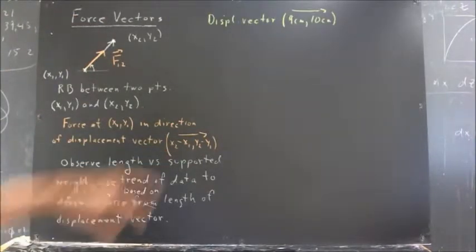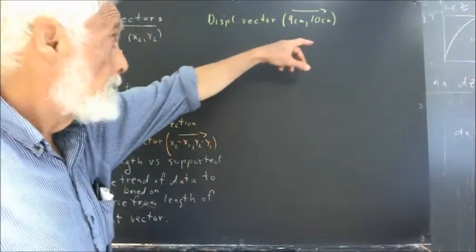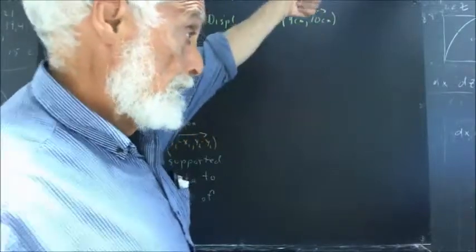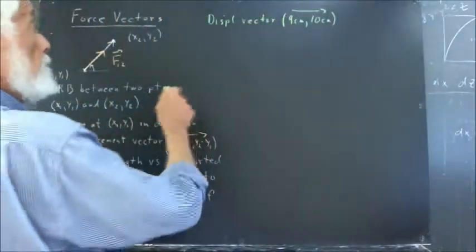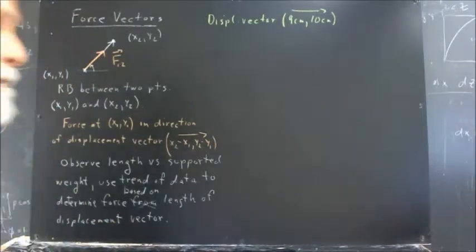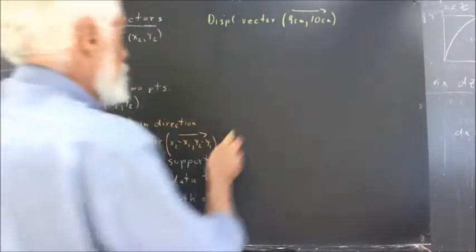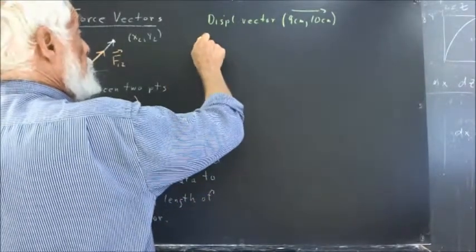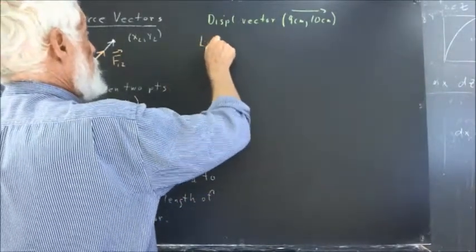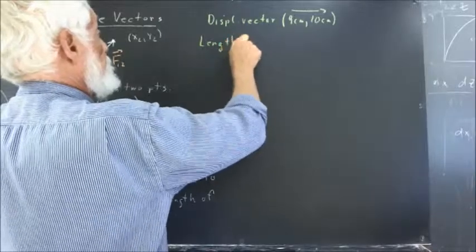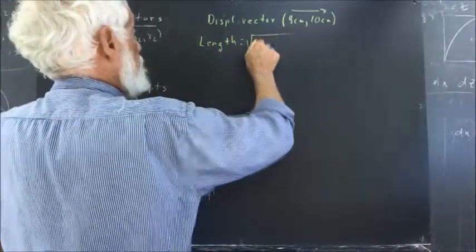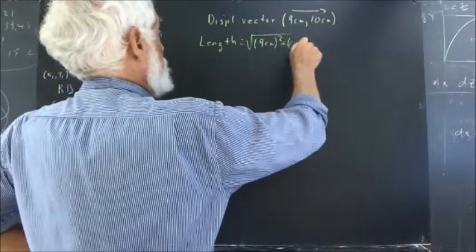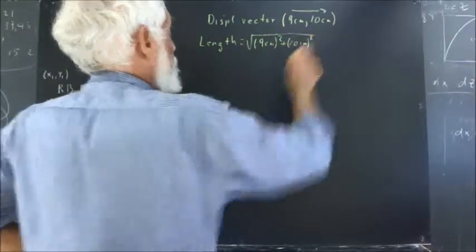Okay, now I've measured my displacement vector, and I think it has components pretty close to 9 centimeters and 10 centimeters. So what's its magnitude? Okay, well, you could calculate that. And hopefully you calculated that as I paused. The magnitude, or the length in this case, is the square root of 9 centimeters squared plus 10 centimeters squared.